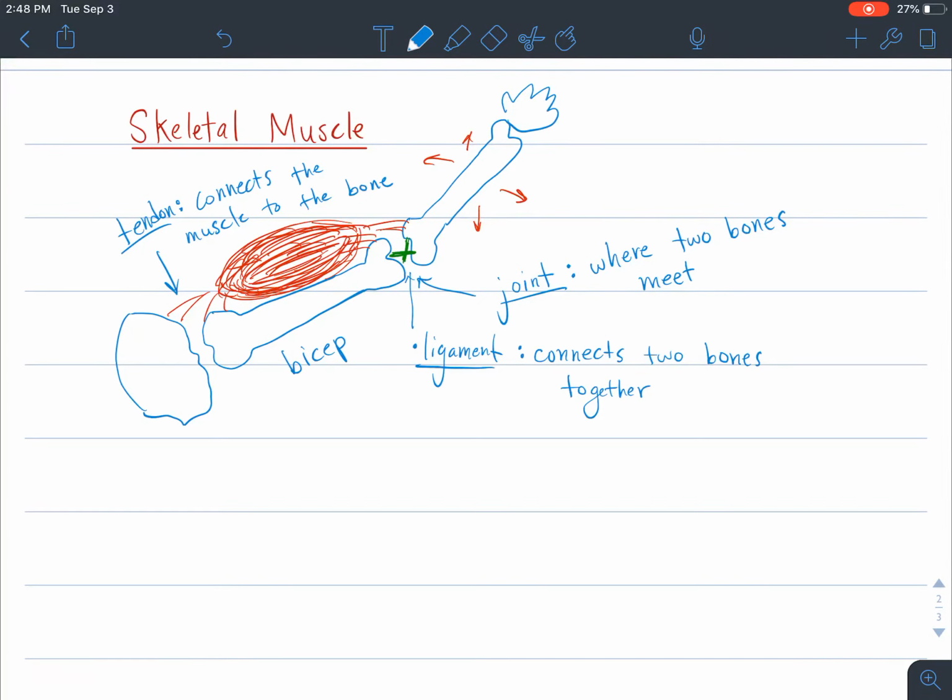All right, so some important vocab words here that we have. We have tendon, which connects the muscle to the bone. It's kind of part of the muscle, but it is a bit more tough, and it doesn't change the same way that muscles change. A ligament is where we have tissue that connects two bones together, and a joint is just where the two bones are meeting.